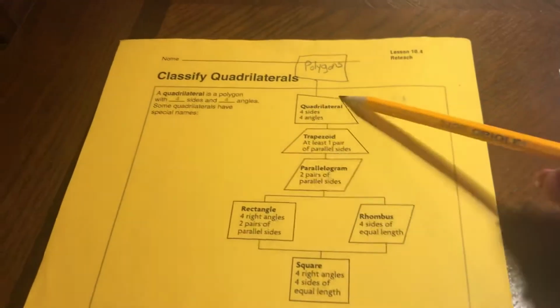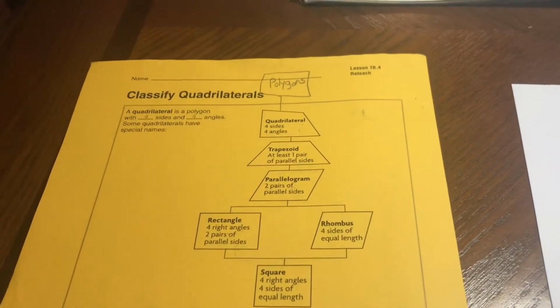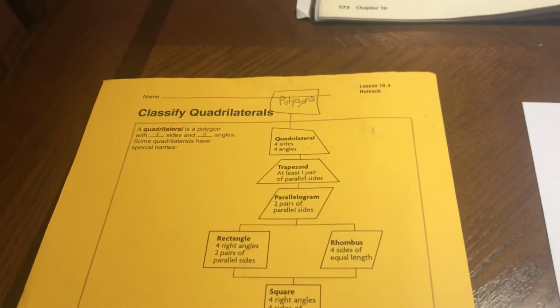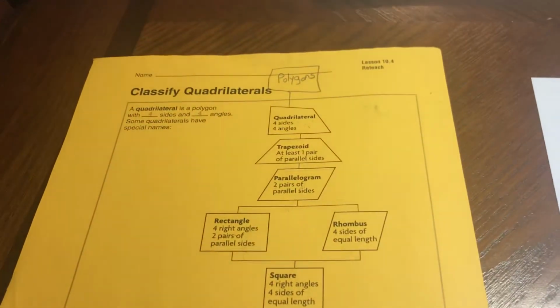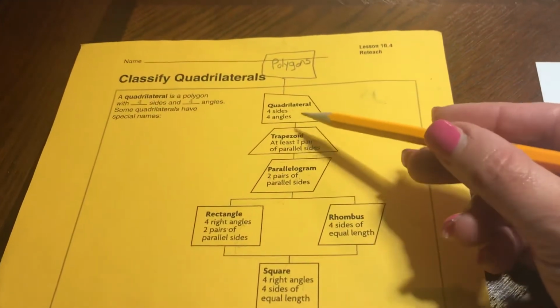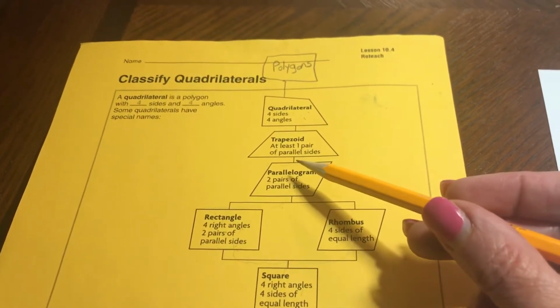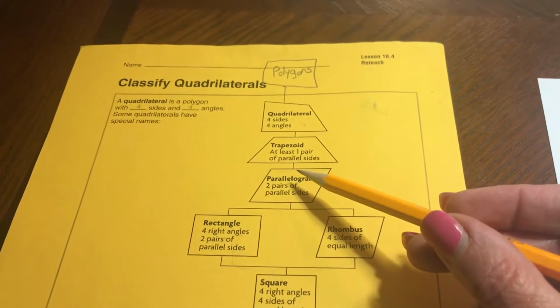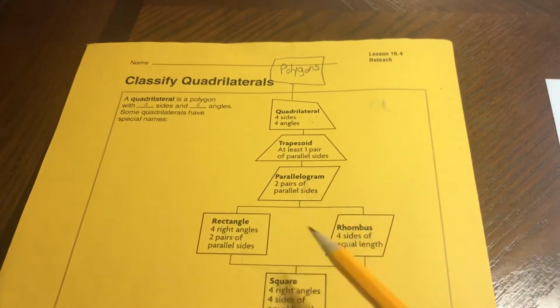So we want to stay in order, just like we were saying yesterday when you write out the factors of a number. We want to go in counting order. Well, we're going to go in flowchart order. So the top starts with a quad, a 4-sided shape, then a trapezoid. And you can read what qualifiers indicate that it's a trapezoid.